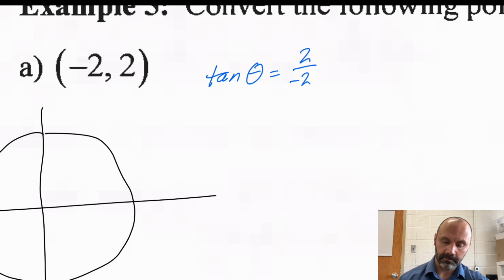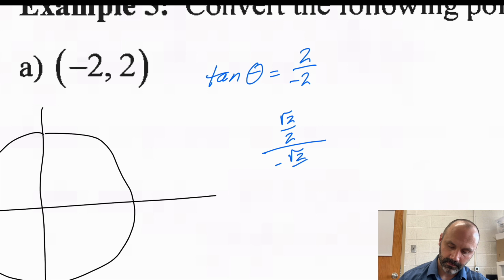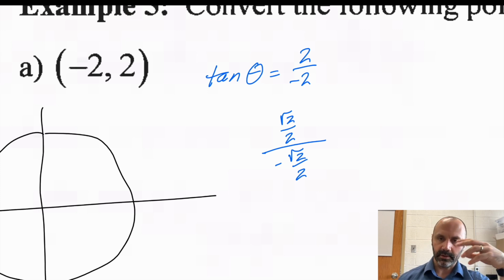Well, that comes from what I have here, like -1, right? And so that's when I'm going to have root 2 over 2 over negative root 2 over 2. And that's where the sine over cosine comes in. So the negative 2's cancel, it ends up being 1.